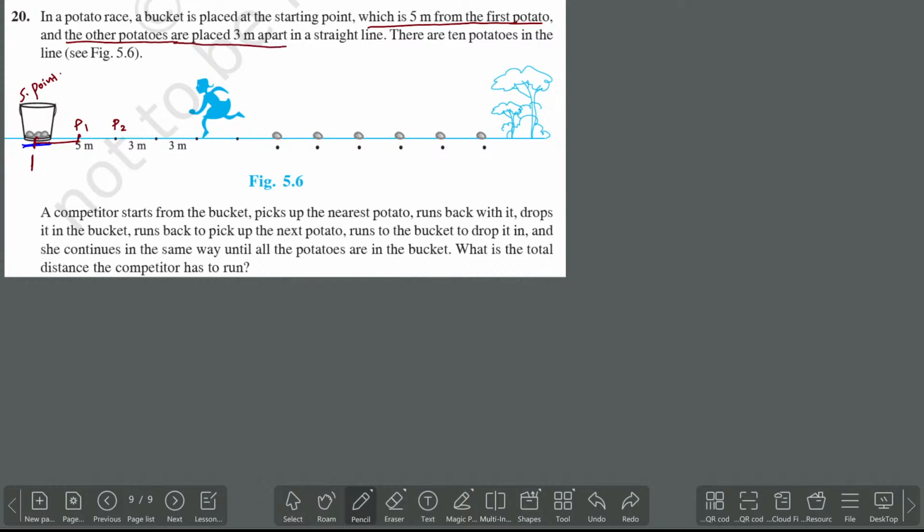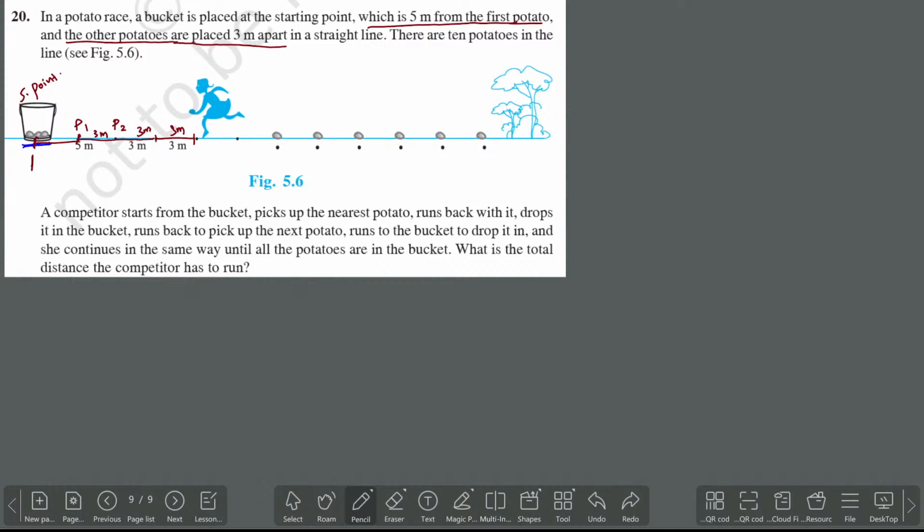So from the first potato to the second potato is 3 meter. And the next, how much did they keep? 1 more 3 meter. Next? 1 more 3 meter. In each, the length is 3 meter. They kept some potatoes in a straight line.